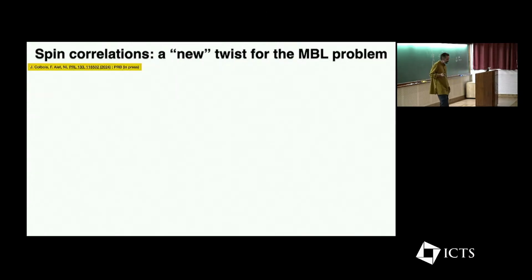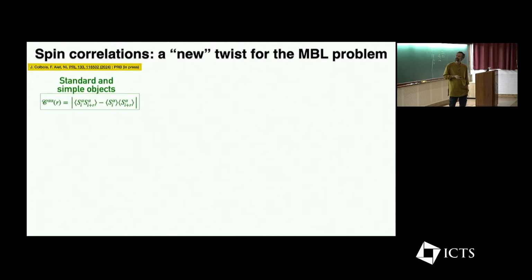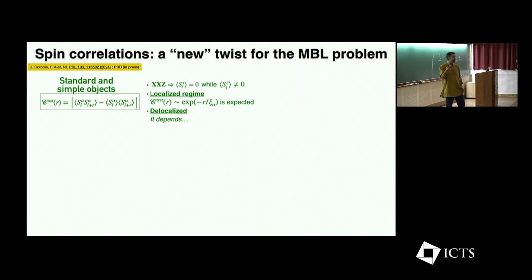These objects, of course, are known for a long time in condensed matter. They are very standard. What we generally expect is that they capture localization: in a localized regime, these objects should decay exponentially with some correlation or localization length. In the delocalized regime, it depends on what we look at.